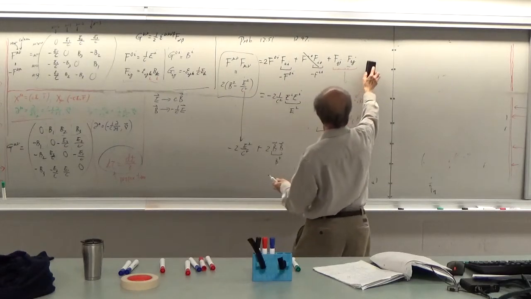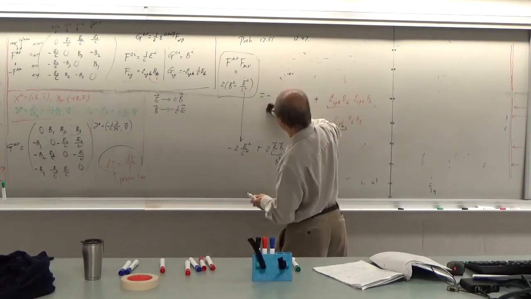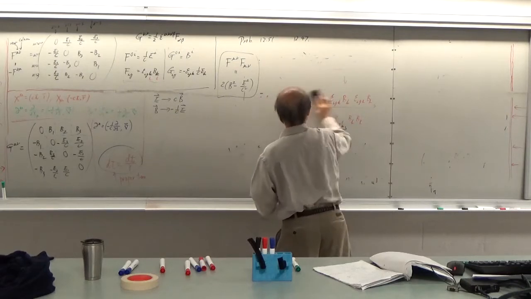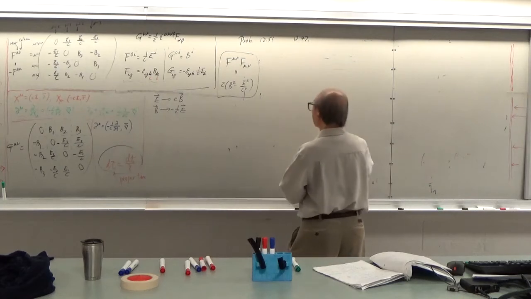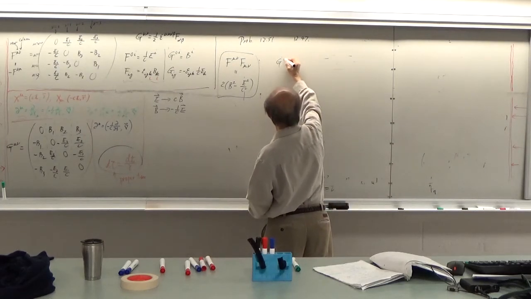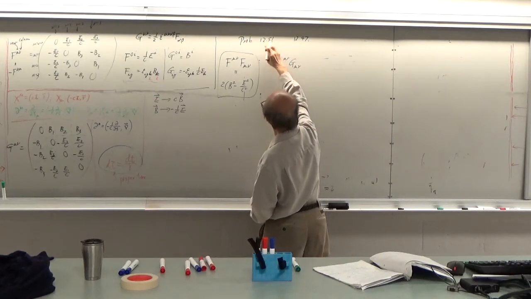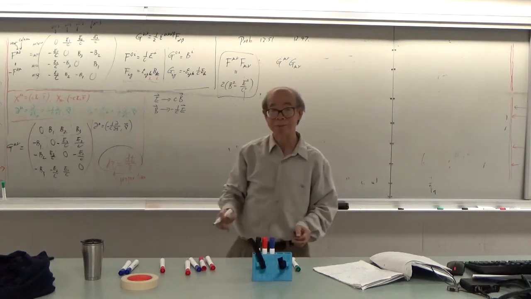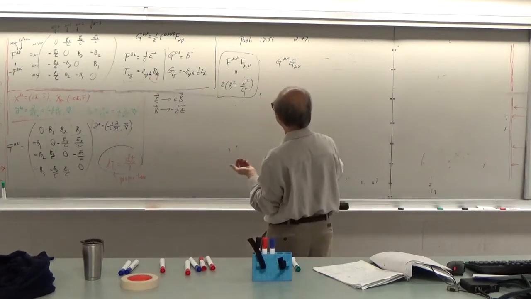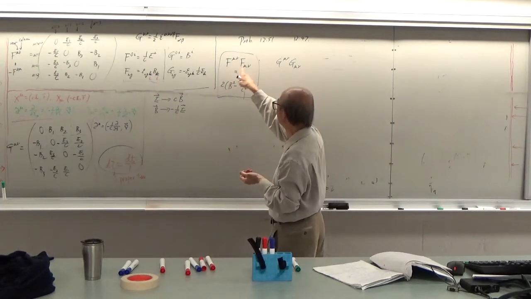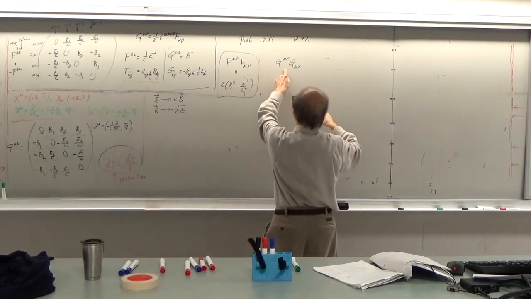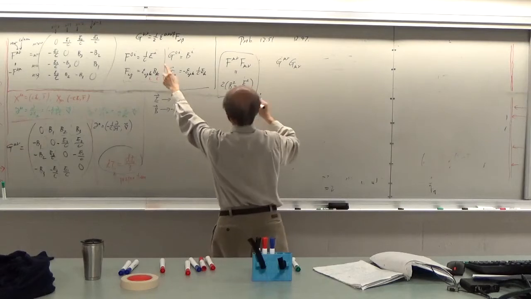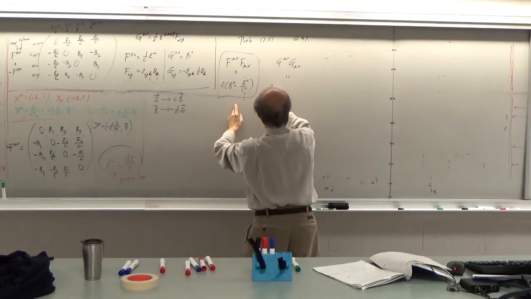Now I can erase all this and do another calculation. This time, for what is G mu nu, that is the second part of this problem 12.51. That's easy. Once we have figured out F mu nu, we can go from F mu nu to G mu nu by making the direct transformation. So this is equal to 2.